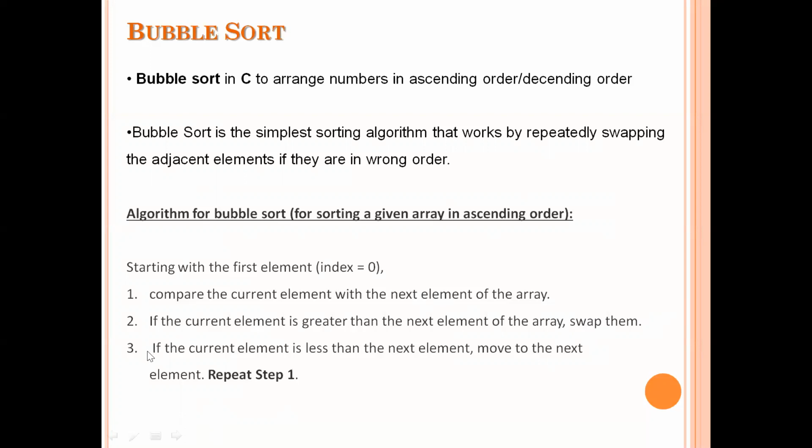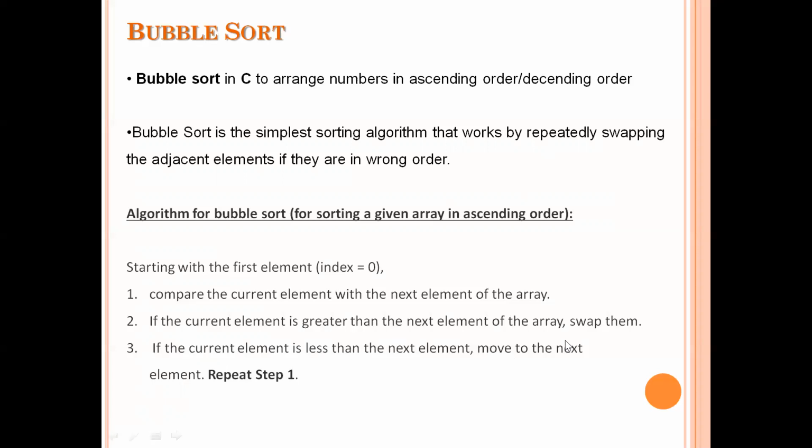And next step, again compare. Now after swapping, the second element will be the next current element, right? So this swapping process will be done. Now see, suppose the first element is less than the next element, then what do we need to do? We need to move to the next position. There is no need for swapping, right?